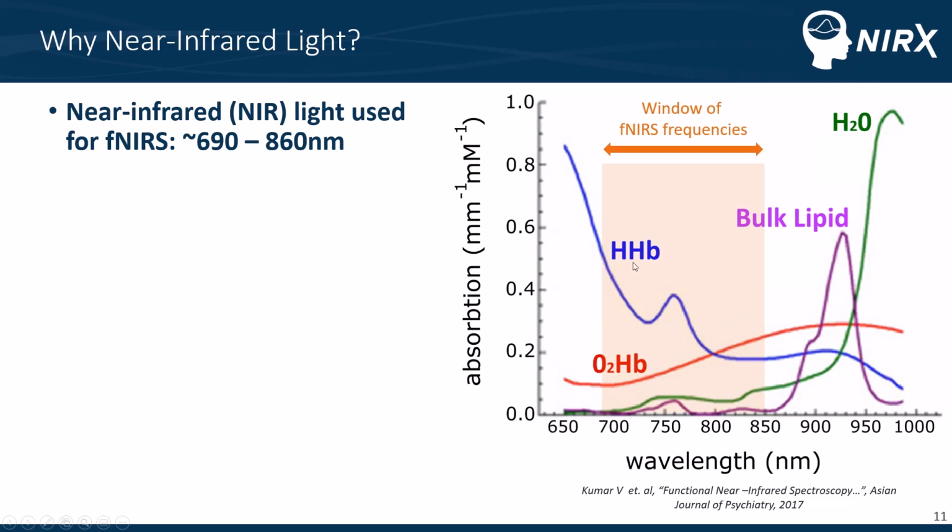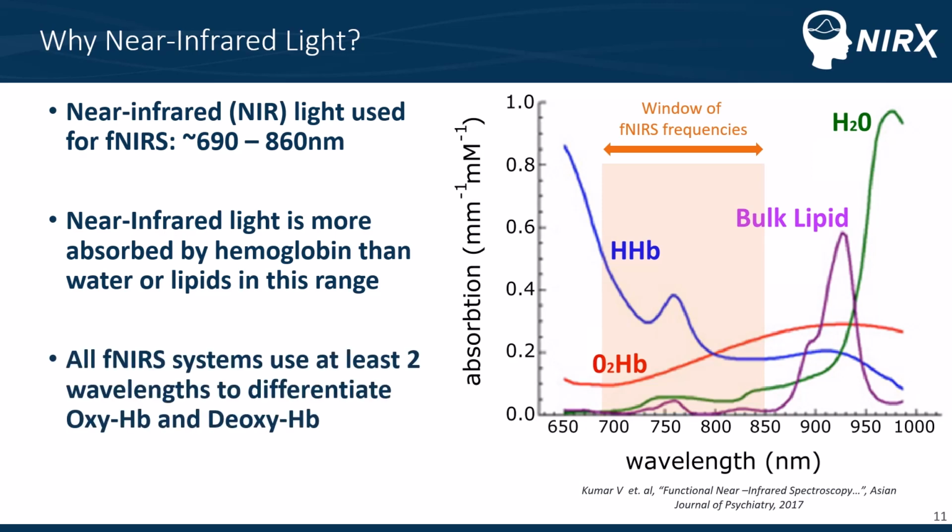We've got deoxyhemoglobin in blue, oxyhemoglobin in red, and then we've got bulk lipids in purple and water in green. Bulk lipids and water is what mostly composes human tissue, and we see that it has a much lower absorption spectrum in this range compared to oxy and deoxyhemoglobin. So it's this phenomenon that lets us use near-infrared light to investigate changes in hemodynamic activation.